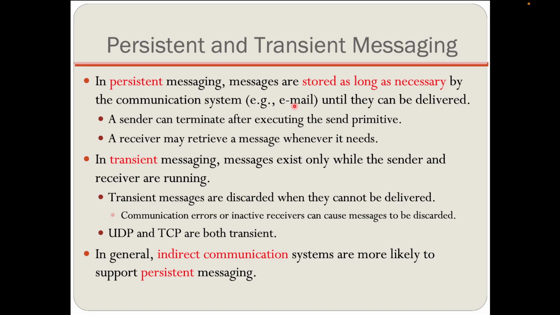This kind of mailbox is persistent, because you don't need to always run your receiving client, but the corresponding mailbox is always there. So the sender can terminate after executing the send primitive, and the receiver may retrieve whenever it is needed. These two don't need to exist at the same time instance, or even in the same space.